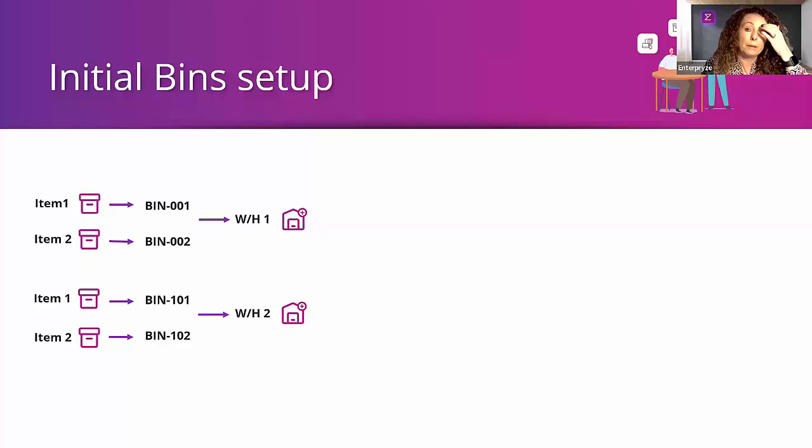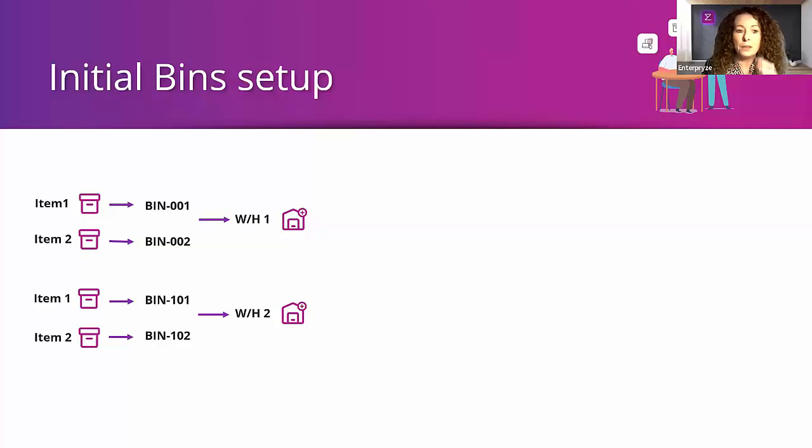So for example, going back to our items that we had, item 1 and item 2. So as we know, item 1 and item 2 can be in different warehouses. However, you will see here that item 1 in warehouse 1 can be in bin 001, but item 1 in warehouse 2 can be in bin 101.